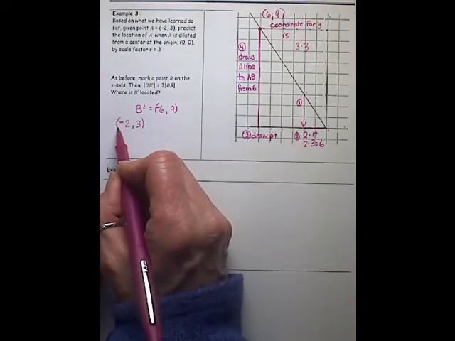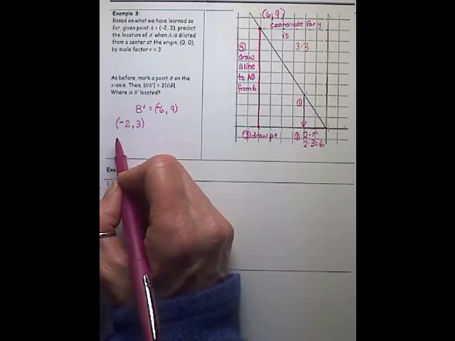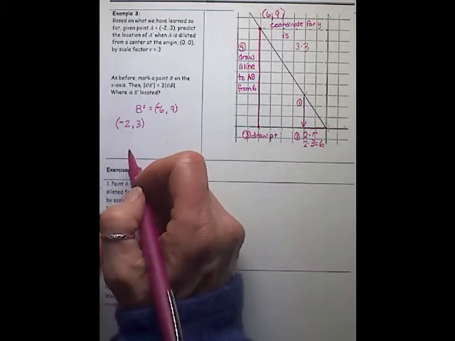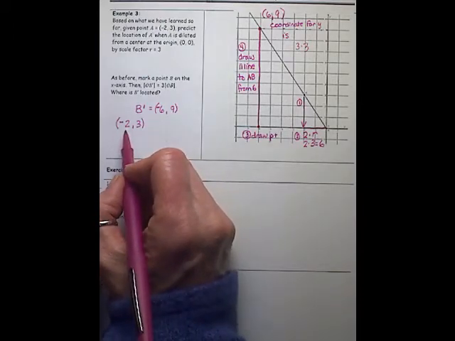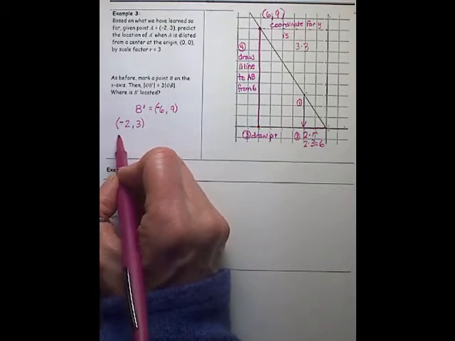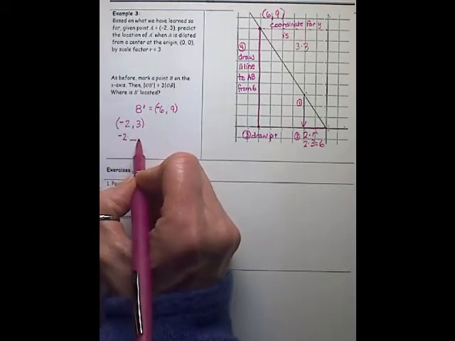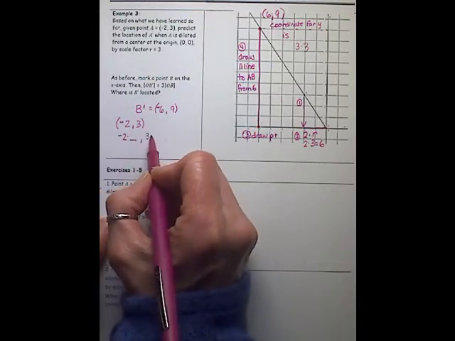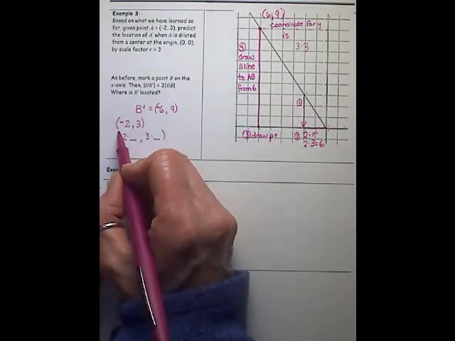That was the old coordinate. And using our new information of multiplying by the scale factor, we have negative 2 times the scale factor for the first coordinate and 3 times the scale factor for our second coordinate.